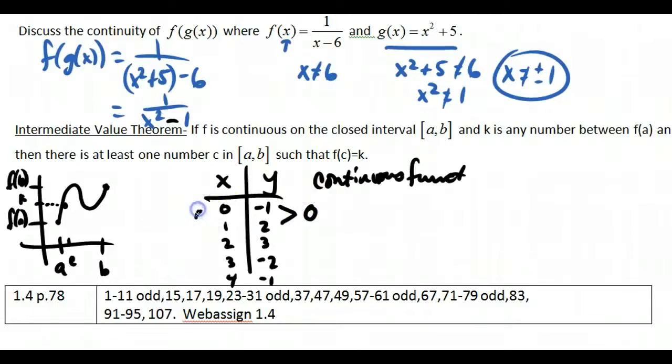So there's some x value here that will give me a 0. So the 0 exists in there. And then here I have a 0 as well. So that's the most useful place for the intermediate value theorem.